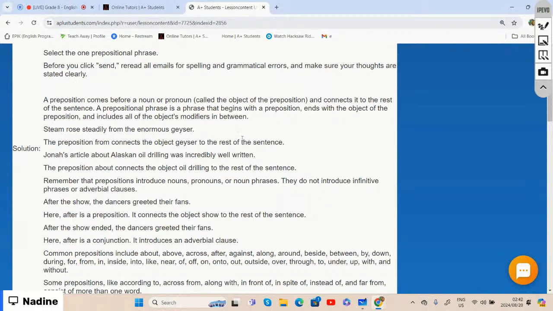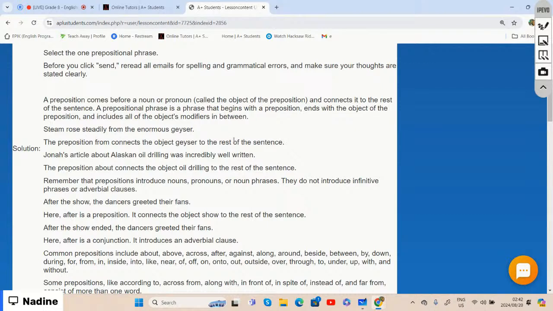And one more example that says, after the show, the dancers greeted their fans.